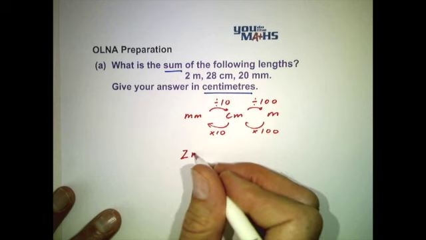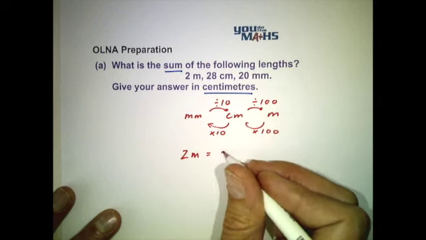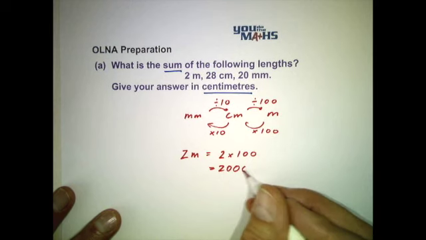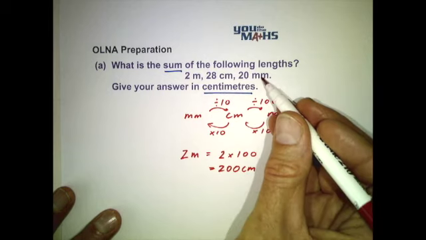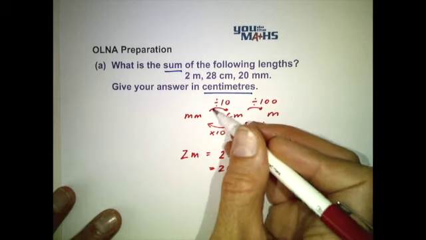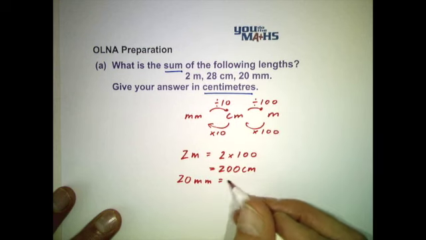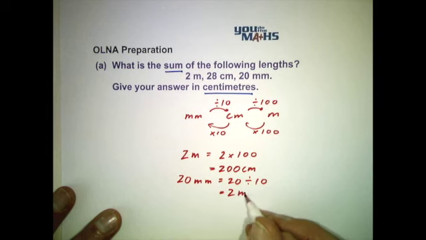So our first amount is 2 metres. Looking at the chart, we need to multiply by 100. So we'll put down 2 multiplied by 100, and that gives us 200 centimetres. We need to convert 20 millimetres to centimetres, and we do that dividing by 10. So 20 millimetres is equal to 20 divided by 10, and that's just 2.